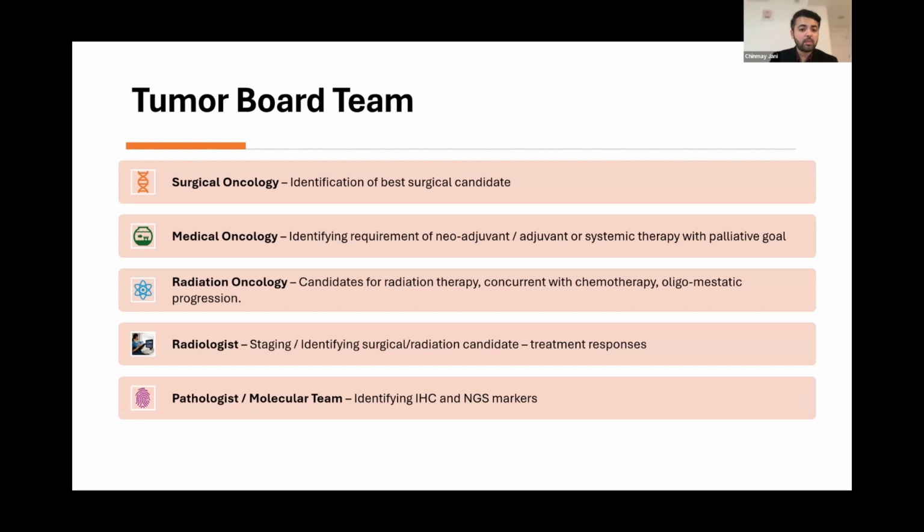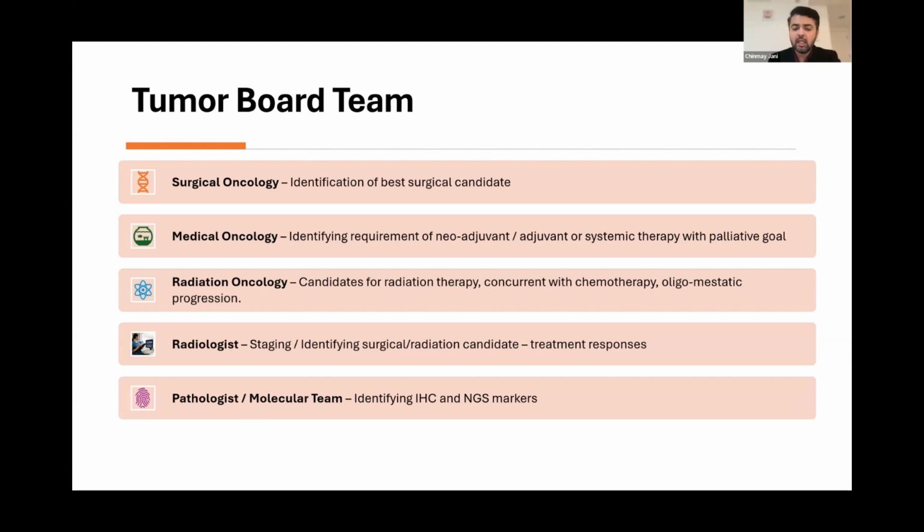Along with that, very important are the pathologist and the molecular team, because they can help us with various markers that are expressed not just through NGS but also through immunohistochemistry. So various surface markers which are available from tumor analysis, from the slide evaluation or various different testing, they can give us an idea about what kind of newer markers are available for that patient.